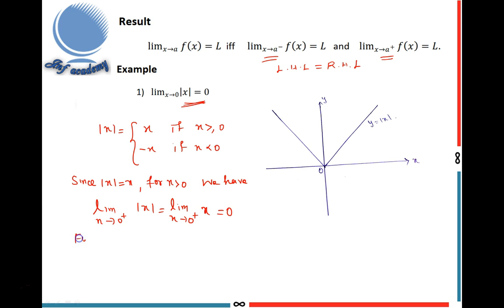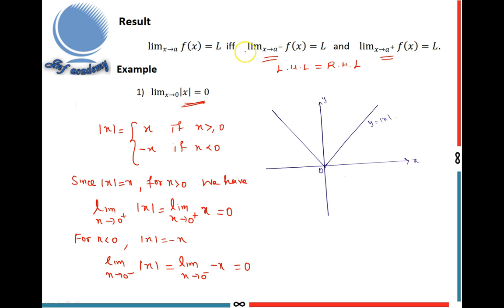Similarly, for x less than 0, that means modulus x equals minus x, then the limit as x tends to 0 minus, this is not plus, this is the left hand limit, of modulus x equals the limit as x tends to 0 minus of minus x, this is also 0.